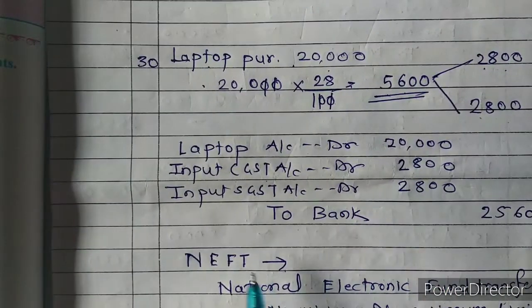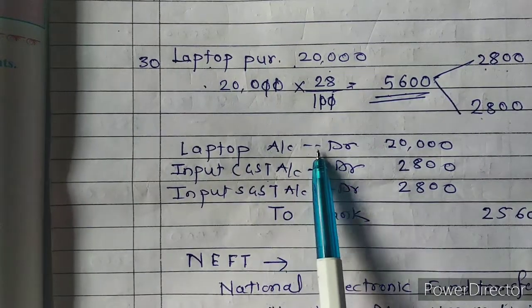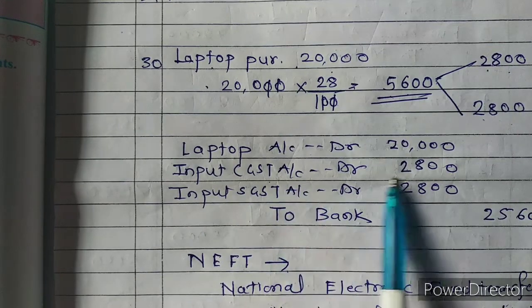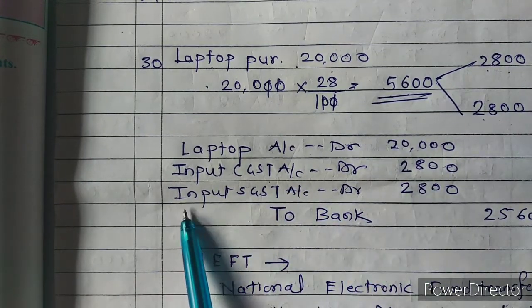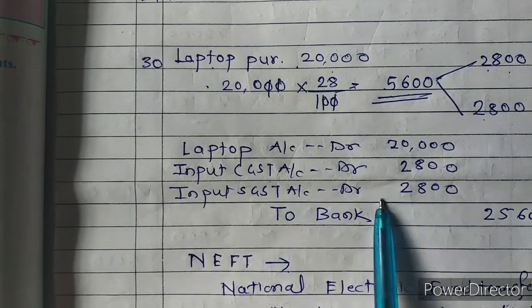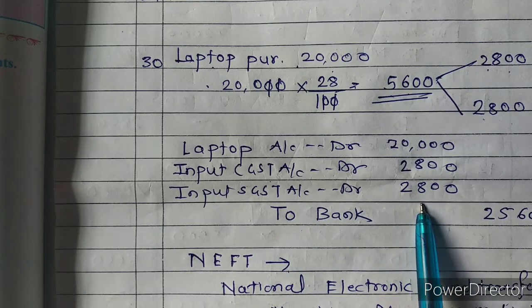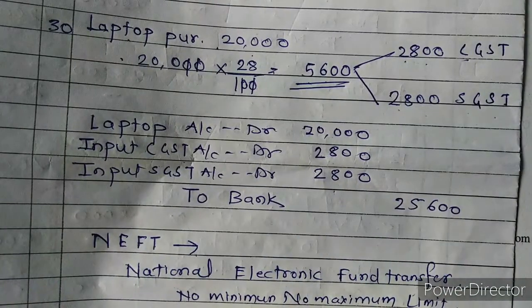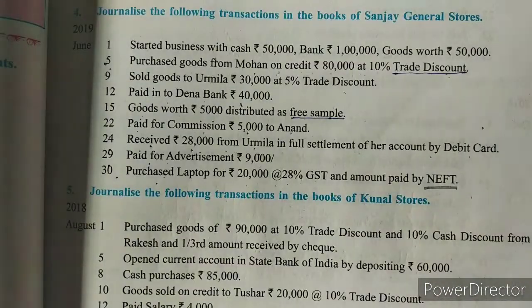Now your entry will be laptop account debit 20,000, input CGST account debit 2,800, input SGST account debit 2,800, to bank account 25,600.